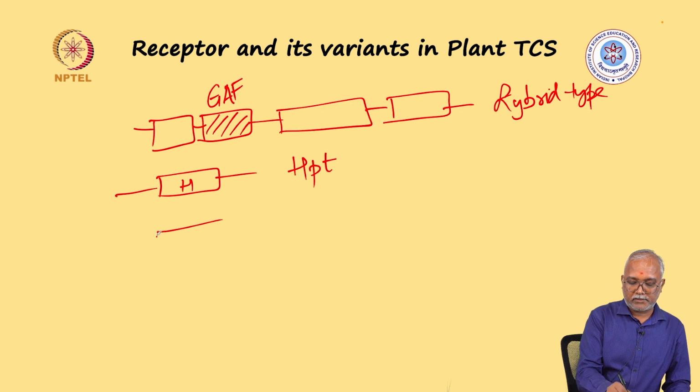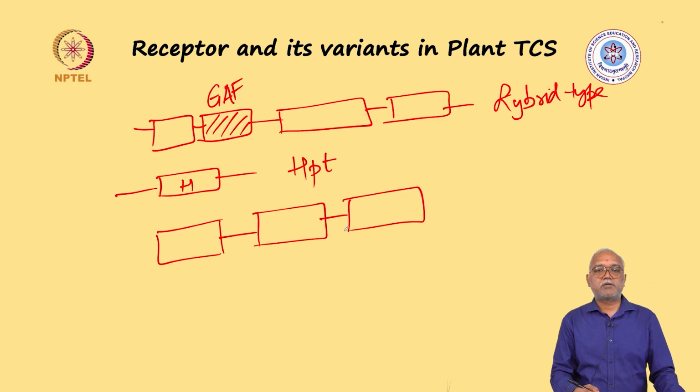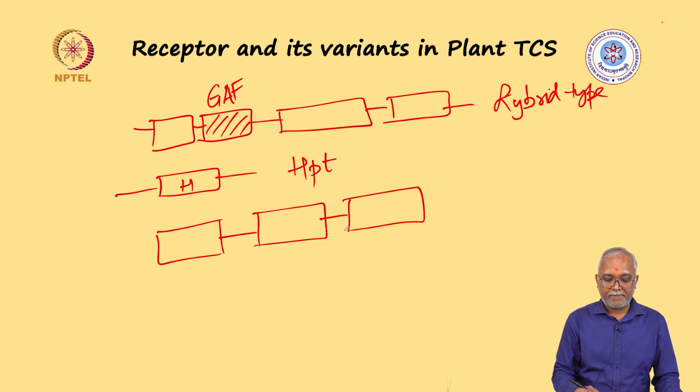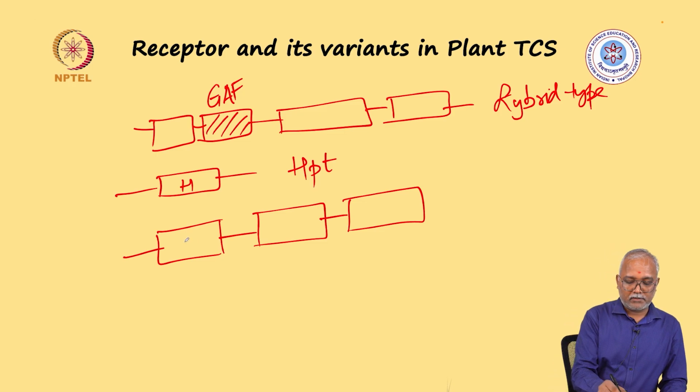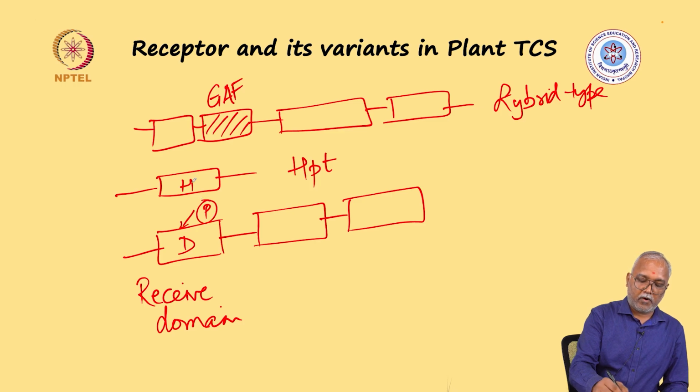As well as you will have these response regulators. Remember, response regulators can come in different flavors, but they must have at least one domain which is like a receiver domain, which should receive the phosphate group from this histidine phosphotransferase.